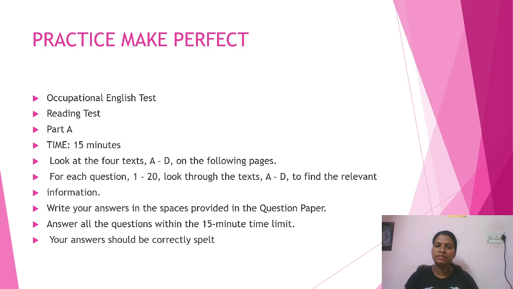For each question 1 to 20, look through Texts A to D to find the relevant information. Write your answers in the spaces provided in the question paper. Answer all the questions within the 15-minute period. Your answers should be correctly spelled. That is also very important.